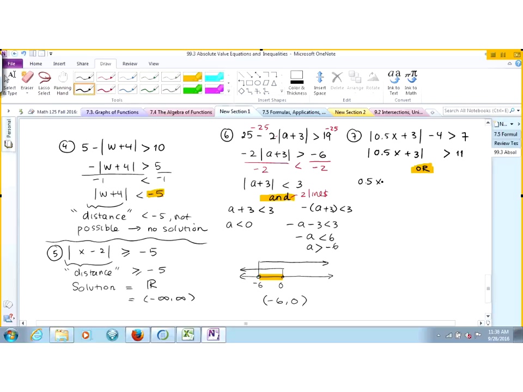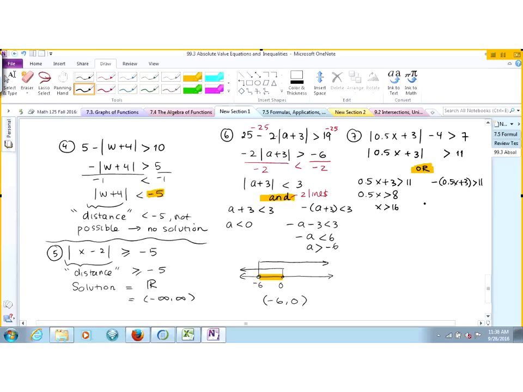The expression itself, so 0.5x plus 3, and the other one is negative of 0.5x plus 3, greater than 11. So 0.5x is greater than 8. Divide by 0.5, which is the same as multiplying by 2. So x is greater than 16.